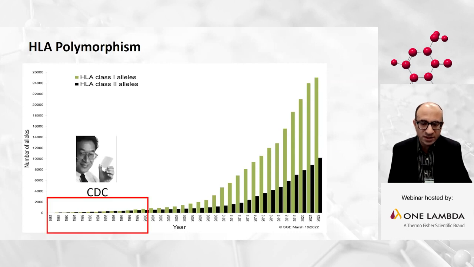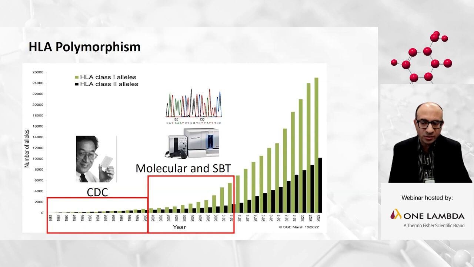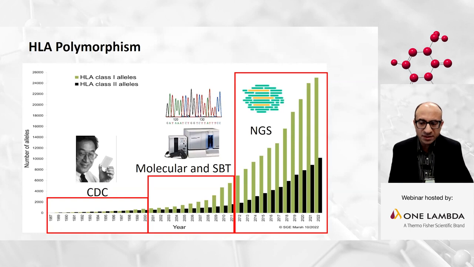If we take the first phase as an example, the CDC was the gold standard of HLA typing. In the early 2000s, the molecular method started to replace the CDC. And the third phase represents the introduction of the NGS typing method. In conclusion, this means that every time there is a new method or an advancement of a method, more novel alleles will be discovered faster.